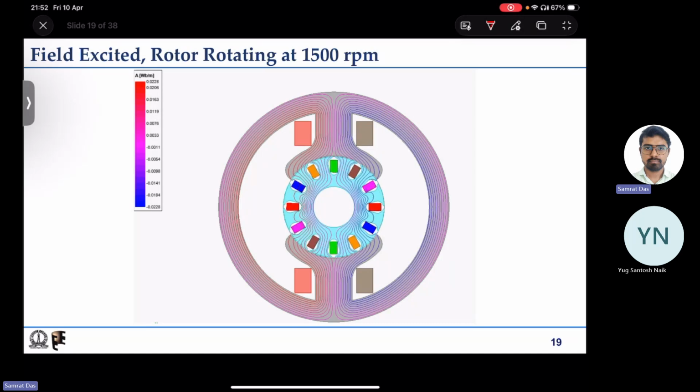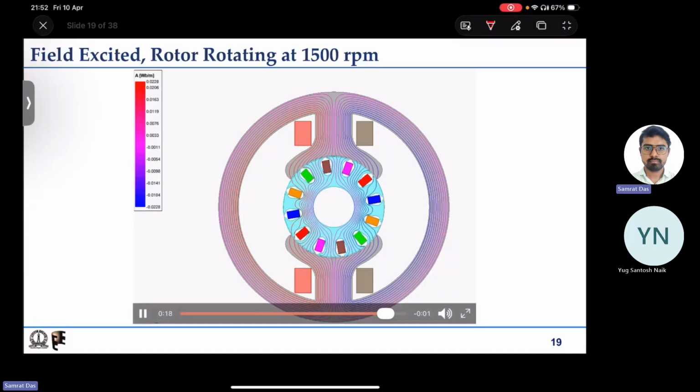You can clearly see that initially the orange one, coil 1, has maximum flux linkage. All the flux lines are linking the orange coil.